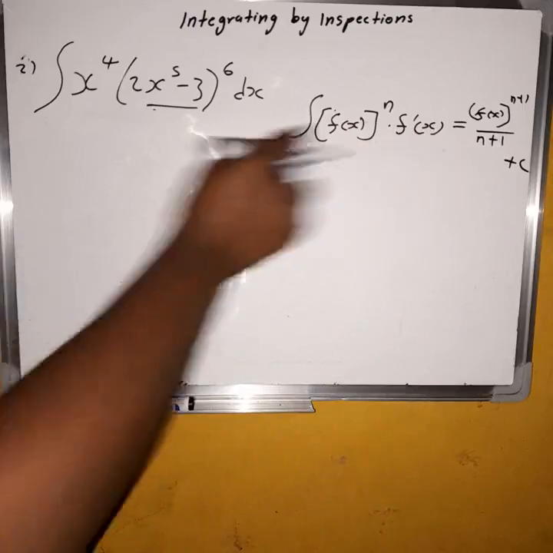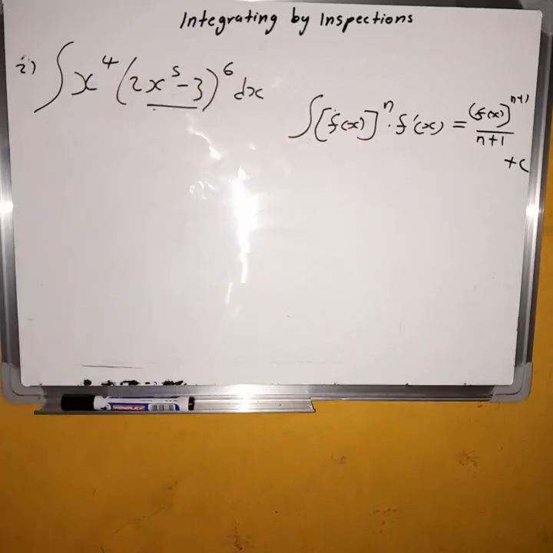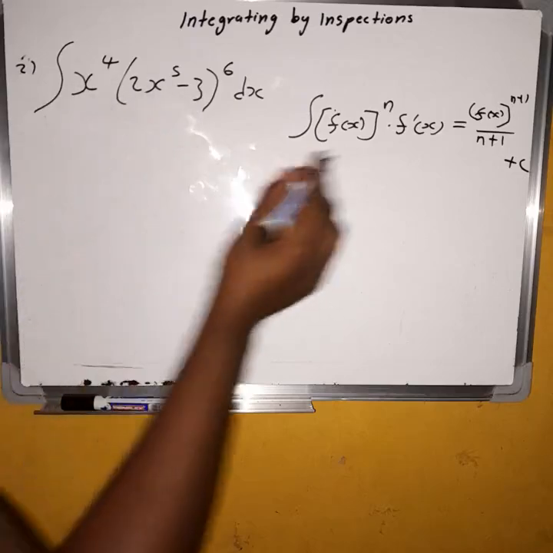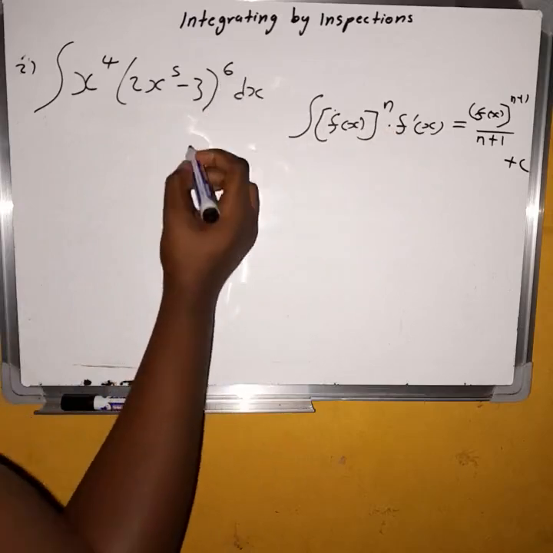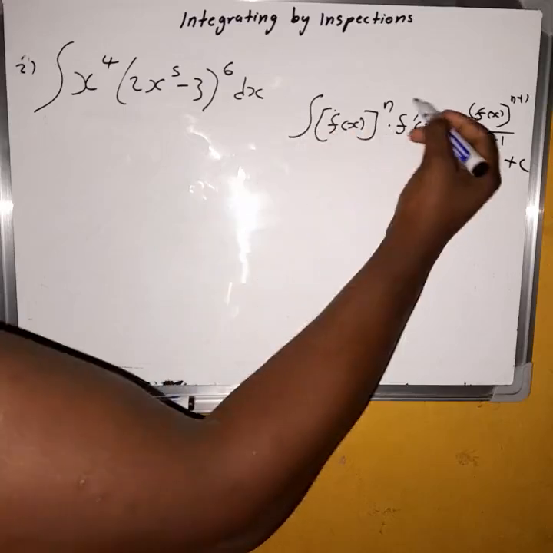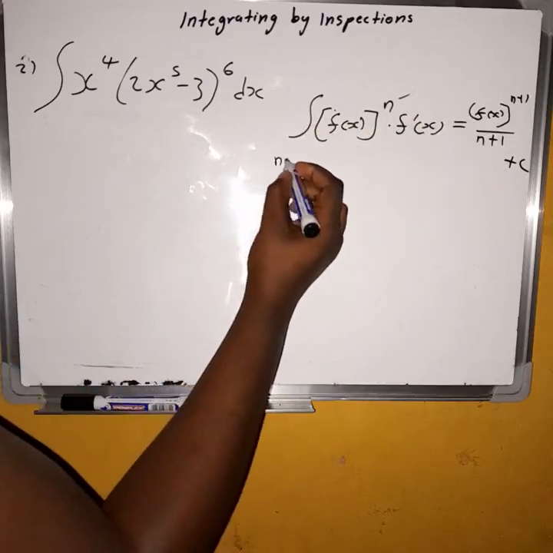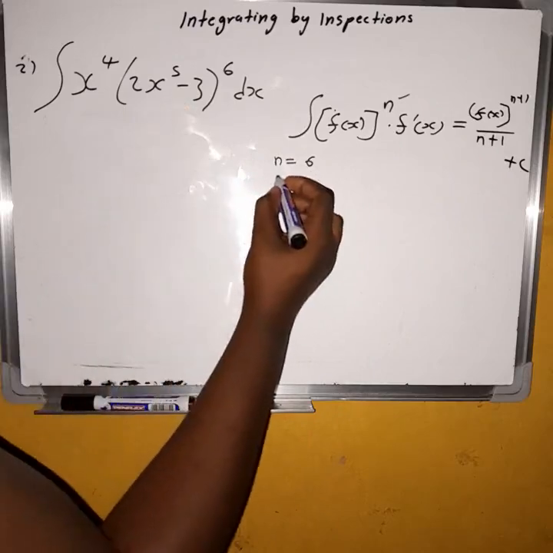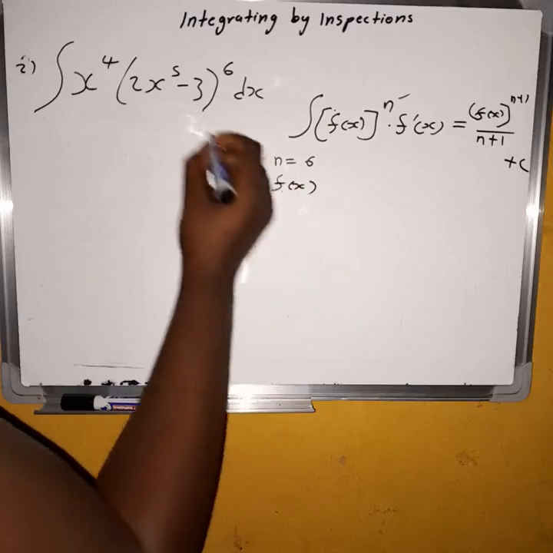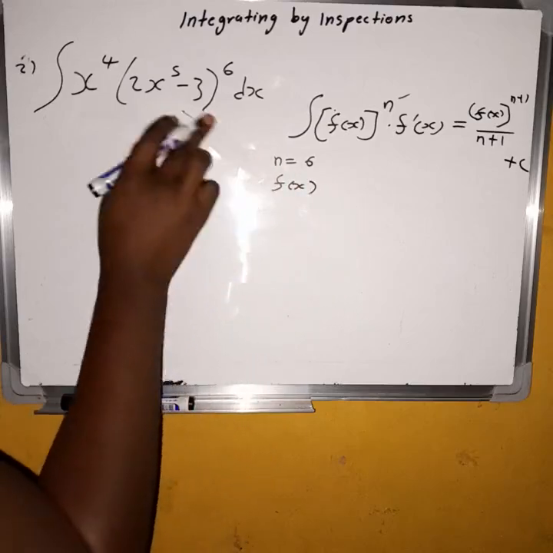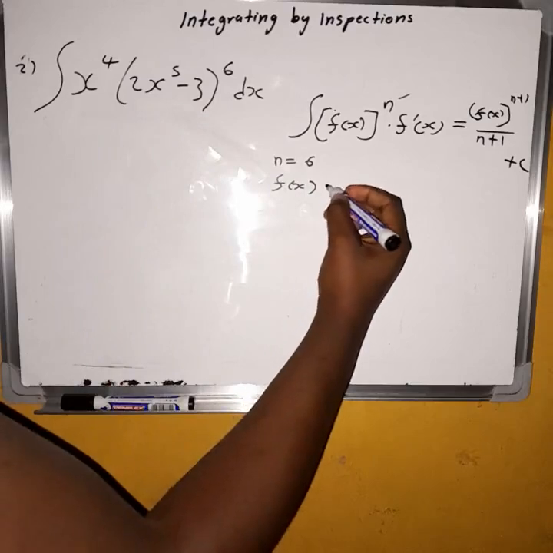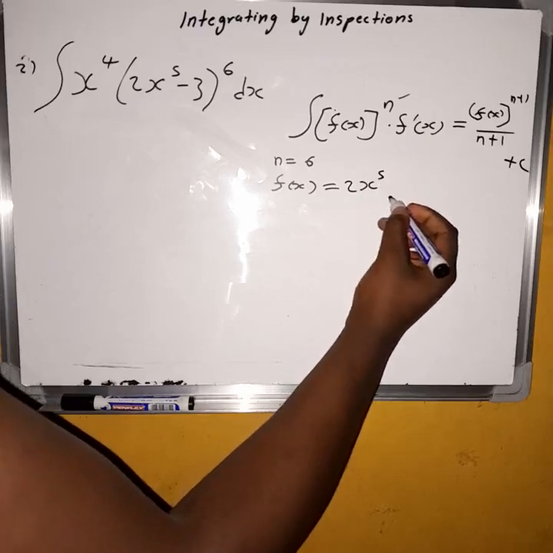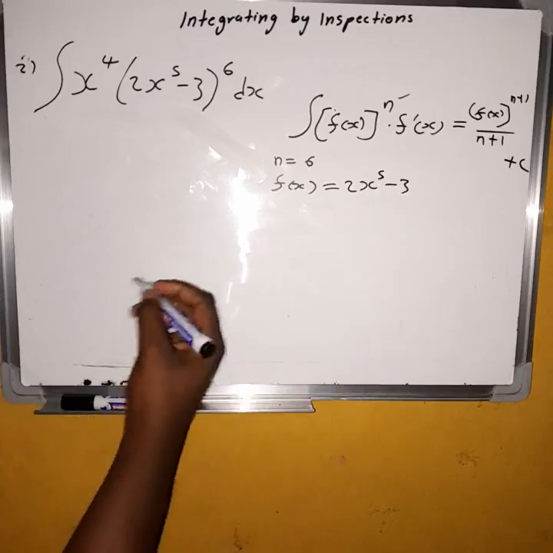To apply this formula, let's check: n will be equal to 6. F of x is what is inside the parentheses, 2x to the power 5 minus 3.